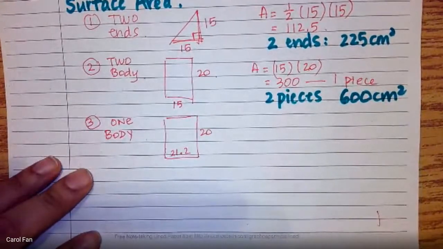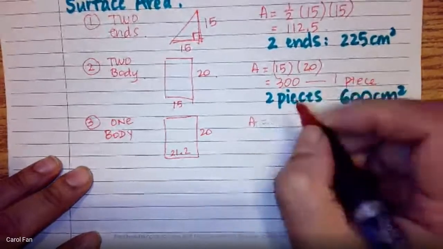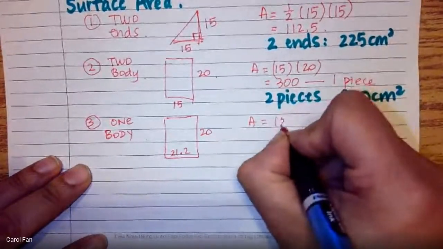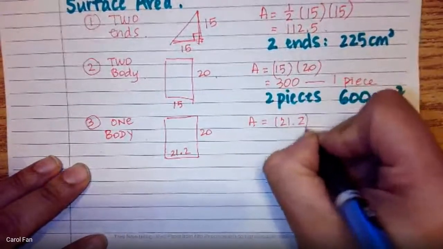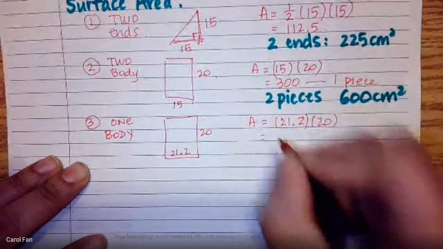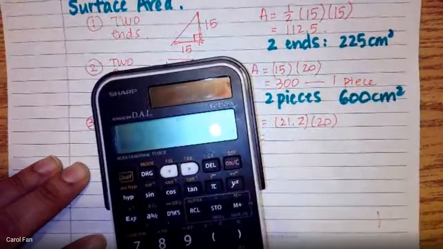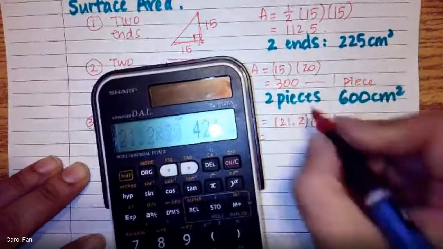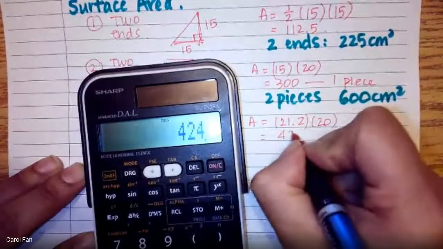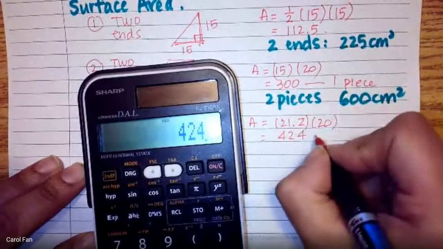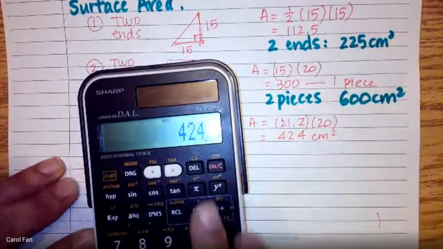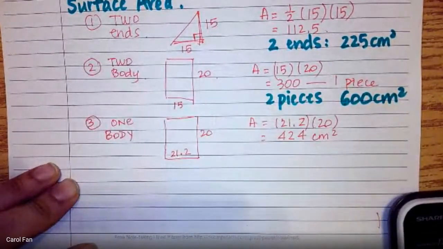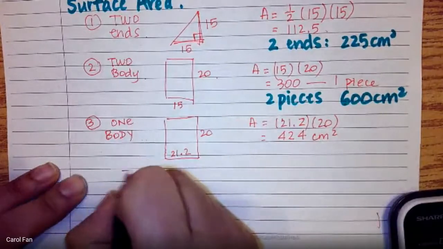Our last one, we have the area, 21.2 times 20. And that gives us 424 centimeters squared.